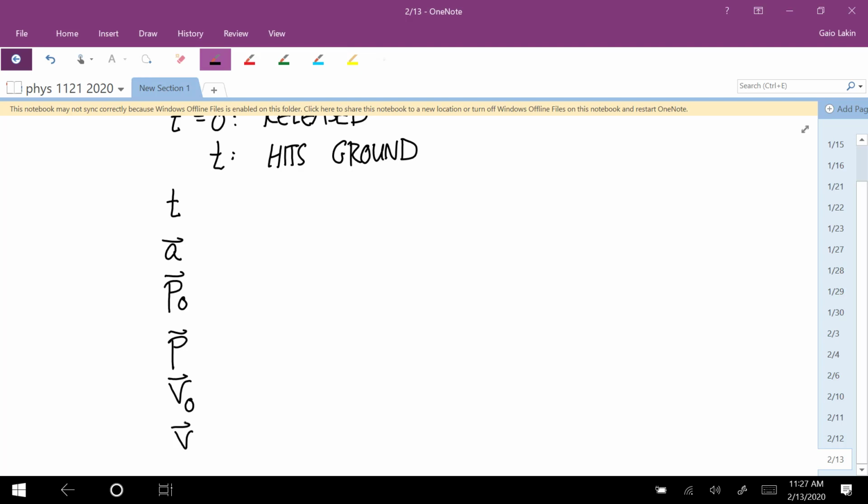We don't know how long it takes to hit the ground. We know that it's in free fall, so the acceleration is 0, negative g.